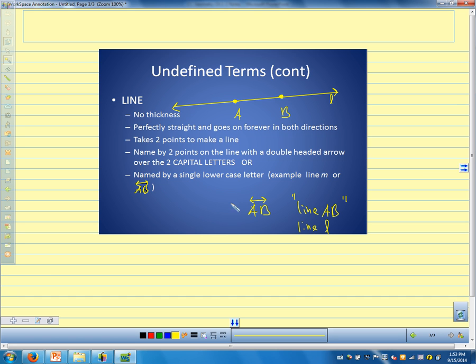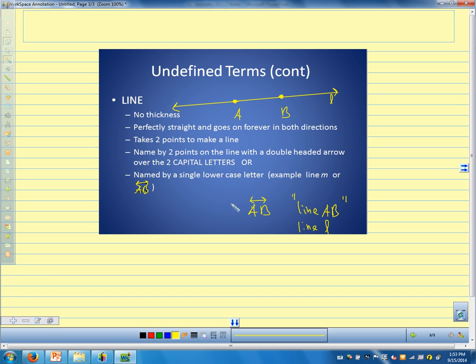So what would be an example of an everyday way we might think of a line? I'm thinking maybe a really, really long ruler. So I think of a ruler as kind of being like a line. A roadway, a really long roadway. Let's kind of think of it as a line, but it's not perfectly thin. So any of those might be examples of a line. The edge of the desk here, right at the corner, could be an example of a line, but it doesn't go on forever.